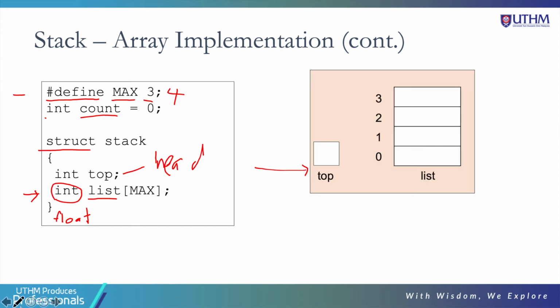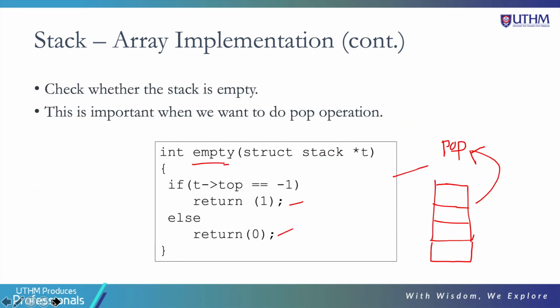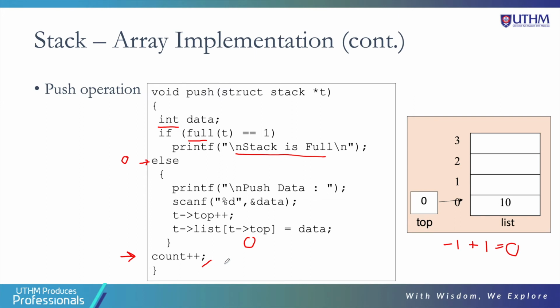So when count plus plus, 0 will become 1, 0 plus 1. So whenever we call the push function, the count will be incremented by 1.